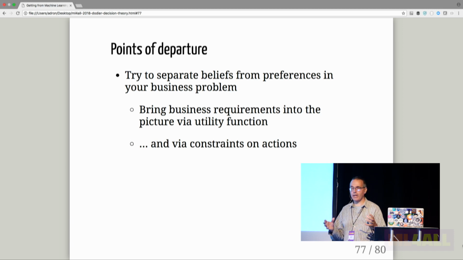So these are ways in which the outside world comes into play directly in the decision process.